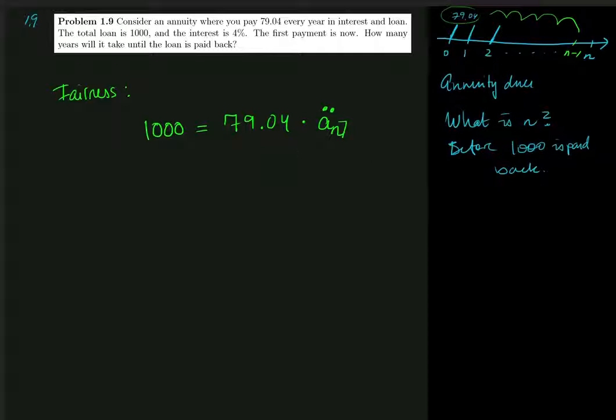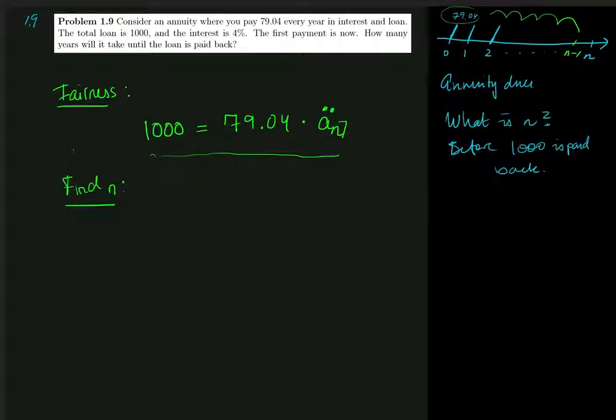Okay, so this is the equation that describes fairness. And now we have to find n. So how do we do that?